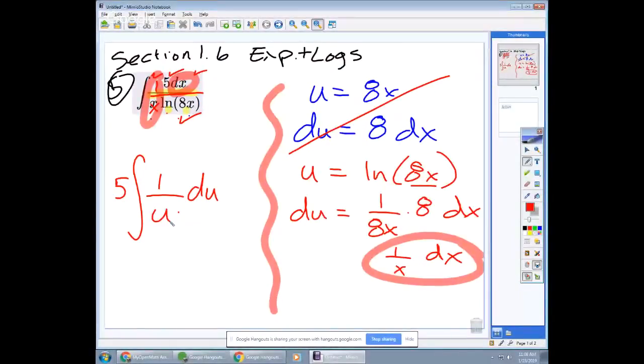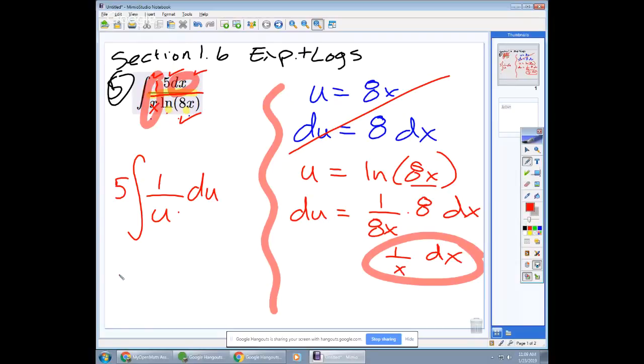All right, so then next thing I would do is rewrite that as u to the negative 1. And what's an antiderivative? Actually, I guess I didn't need to do that. Yeah, 1 over u antiderivative is natural log. So that wasn't necessary. Why don't you just leave it there?